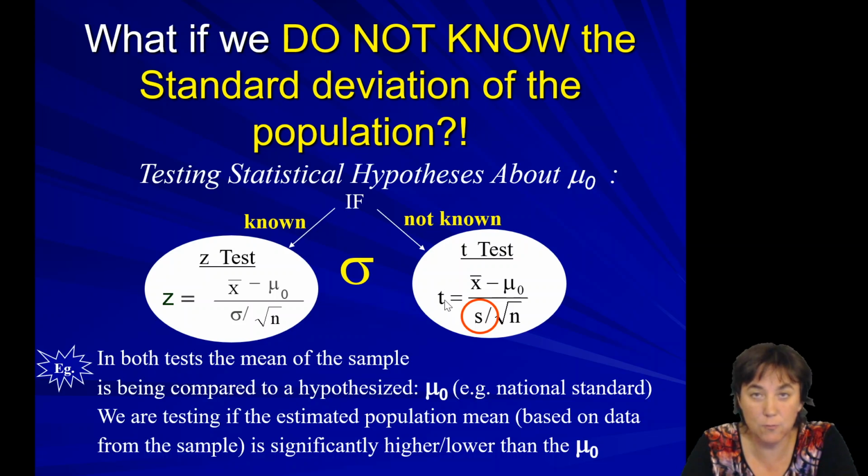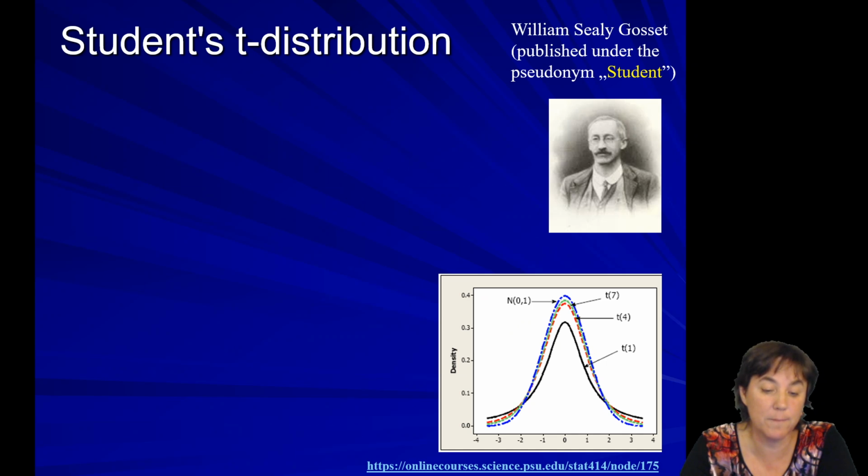So the test value will be a t value and not a z value. In both tests, we have a mu naught. So that's how you can differentiate it from later t-tests, the independent and dependent samples t-tests that we will learn next time. And we can determine whether an estimated population mean of a population from which we drew our sample is significantly lower or higher than the mu naught, this test value that we're using.